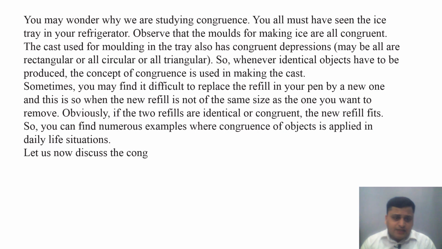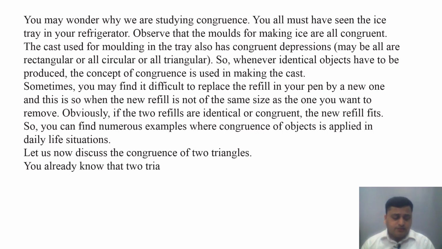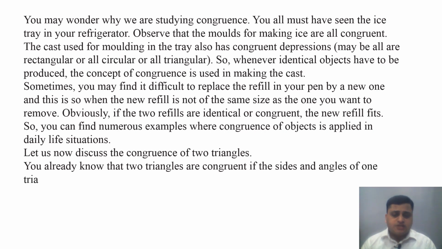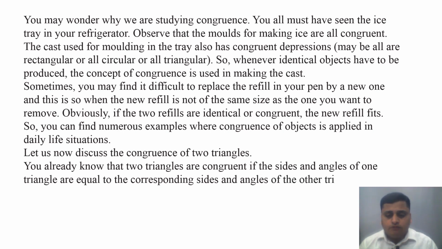Okay, let us now discuss the congruency of two triangles. You already know that two triangles are congruent if the sides and angles of one triangle are equal to the corresponding sides and angles of the other triangle.